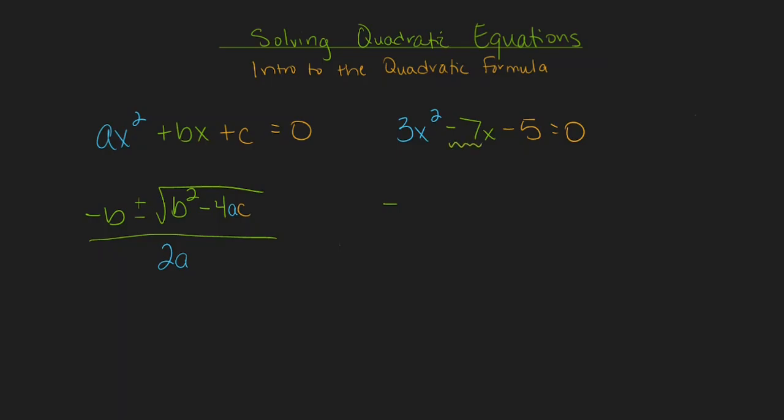So remember, when you are taking the values of a, b, and c from that original equation, you have to bring the operations in front of them along with the numbers as their signs. So since subtraction happens in front of this 7x, I have to bring that subtraction along.